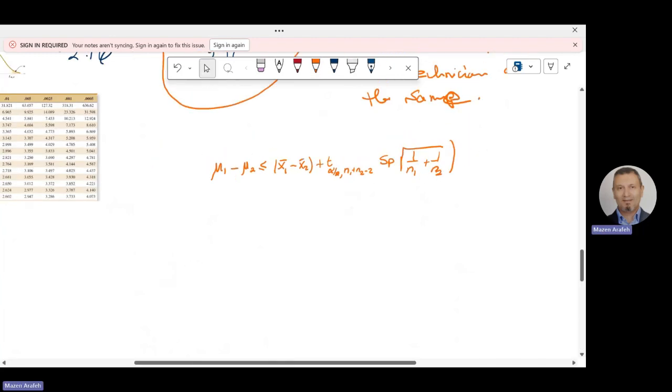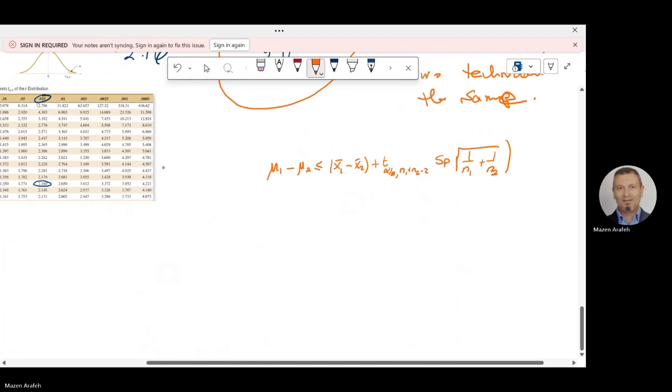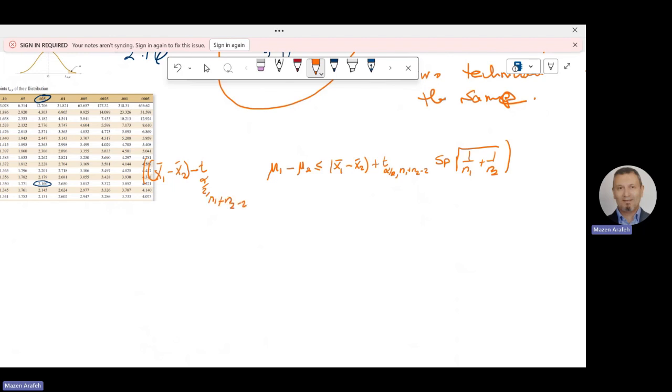And from the other side, I will have x1 bar minus x2 bar, minus, between two brackets here, t alpha over 2 with degrees of freedom n1 plus n2 minus 2 multiplied by sp times the square root of 1 over n1 plus 1 over n2. Okay, so if you want, we can write the values here.